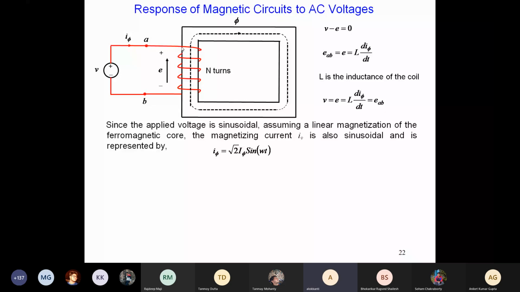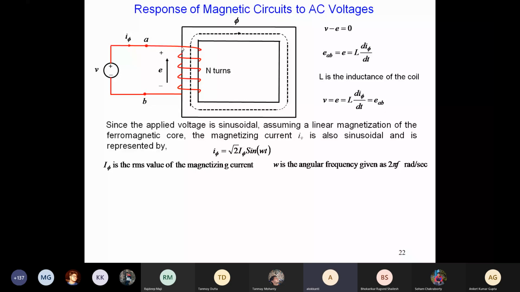Because here we have assumed capital I phi is the RMS, so the maximum value is root 2 I phi. I phi is the RMS value of the magnetizing current, and omega is the angular frequency given as 2 pi f radians per second.